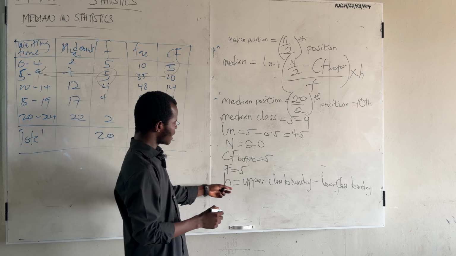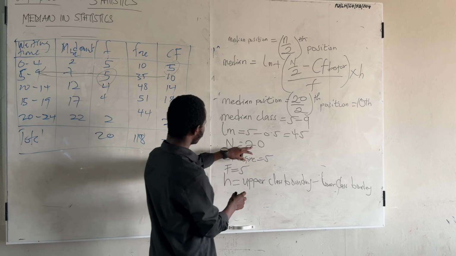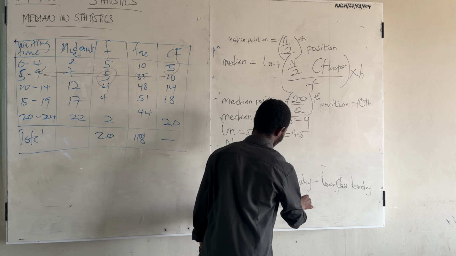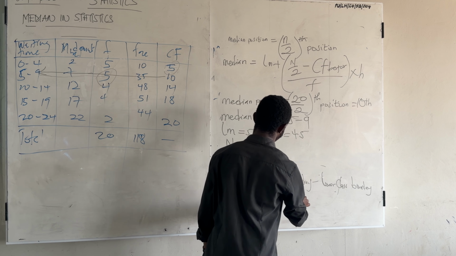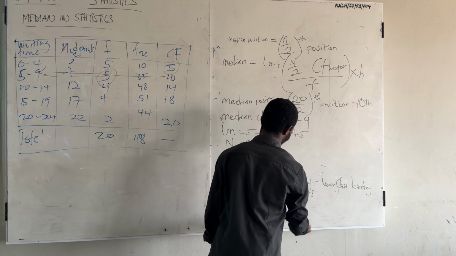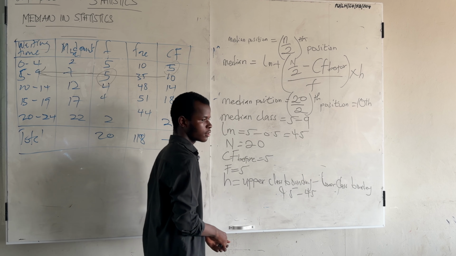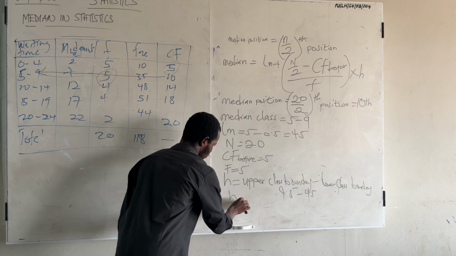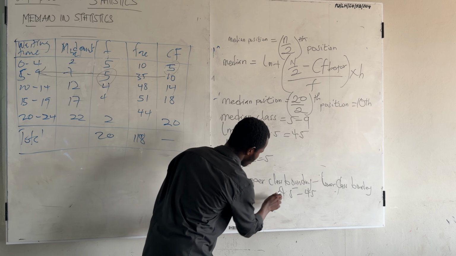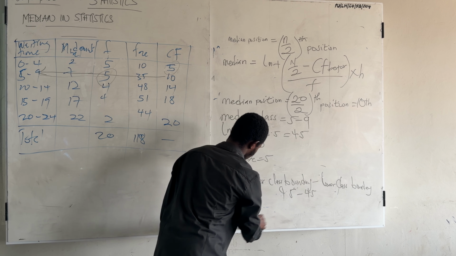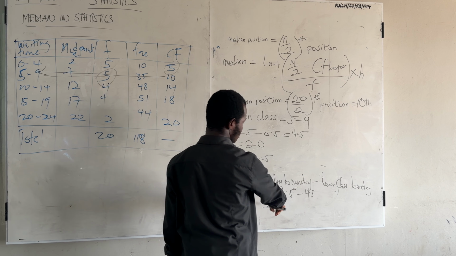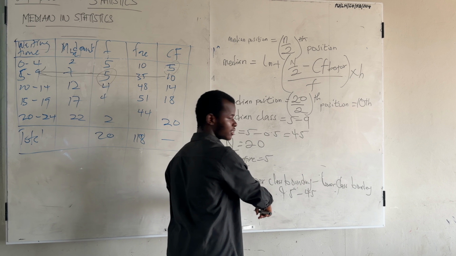Okay, so the upper class boundary will be 9.5 minus 4.5. So our H will give us 5, right? 5.